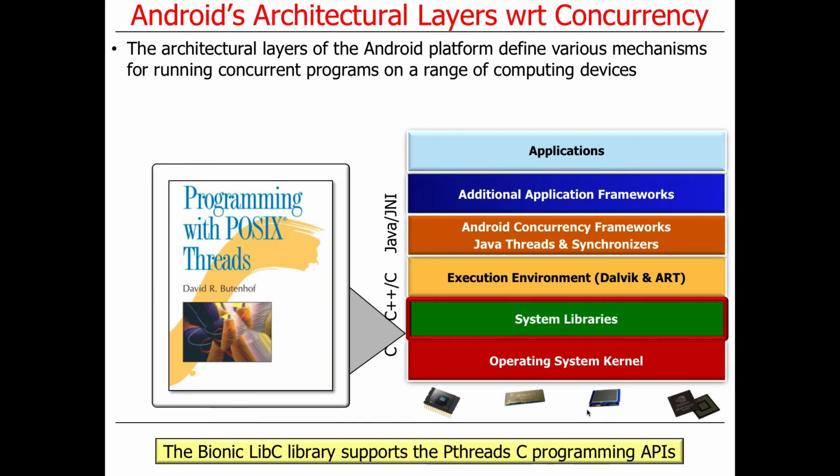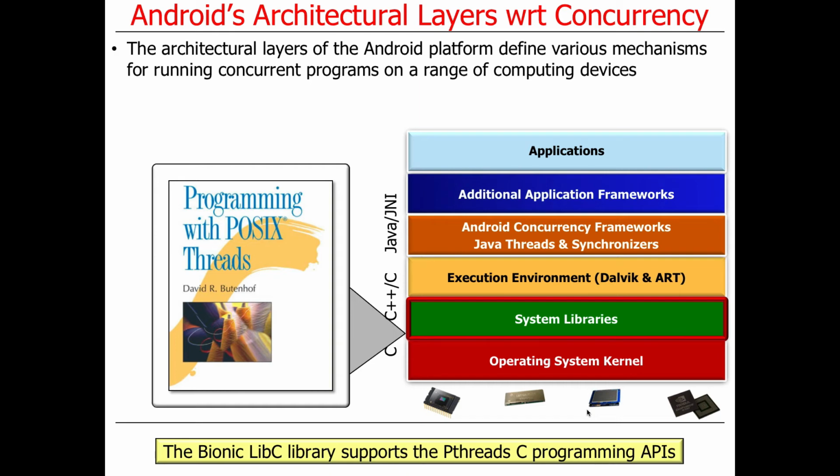The libc library that comes in Android's Bionic API basically supports the pthreads C programming APIs. So if you have ever programmed with C, you can program concurrent programs in C using something called POSIX pthreads, which gives you very low-level, tedious, and error-prone mechanisms for spawning a thread and waiting for a thread to finish and so on and so forth.